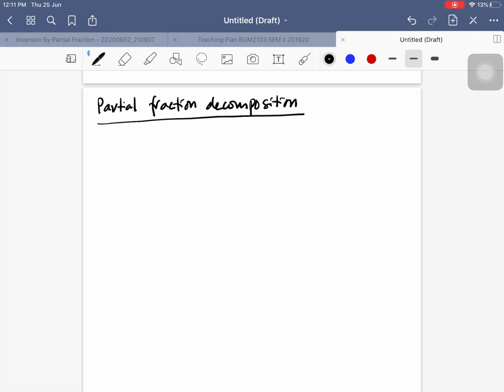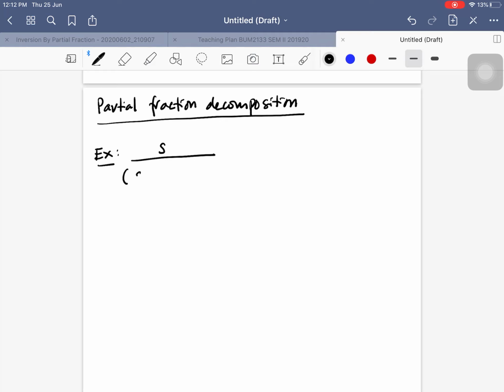Let me pick a simple example. So let's say I have a function of s, let's put s at the top, and at the bottom I have two factors. The functions in the brackets are called factors.